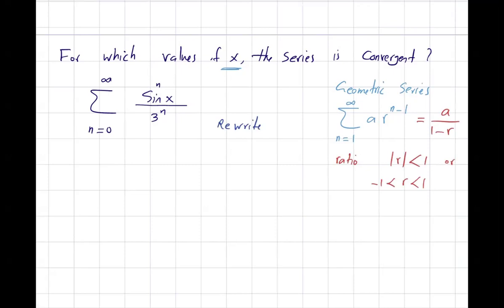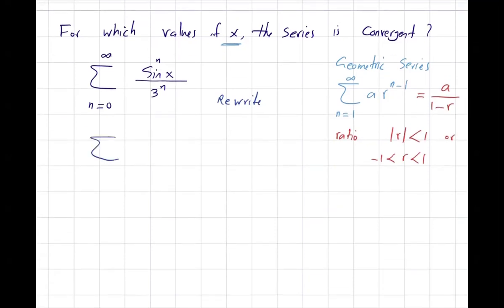Rewrite your series as the summation of sine x divided by 3 to the power n, starting from 0 and going to infinity. This is basically the summation of r to the power n.